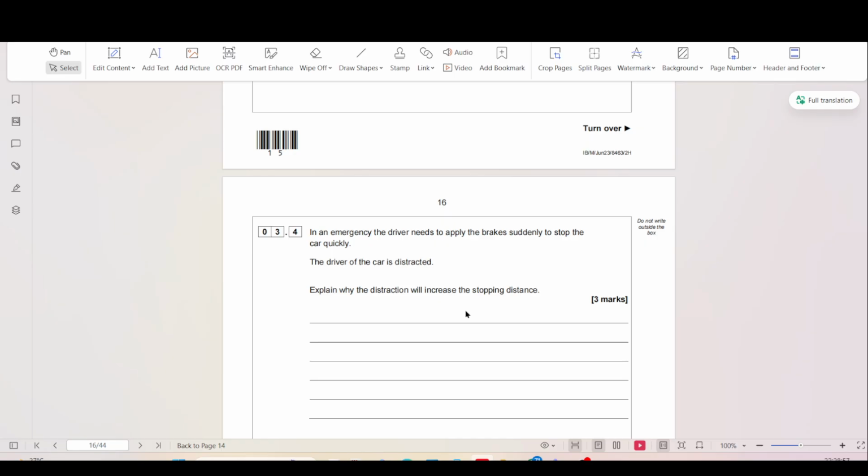So stopping distance includes thinking distance. There is an additional time before driver applies brake. So thinking distance will increase.